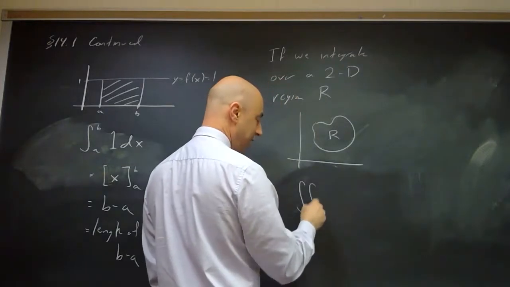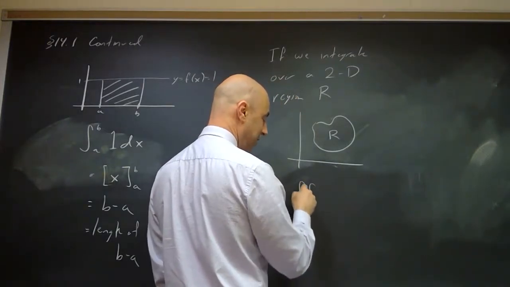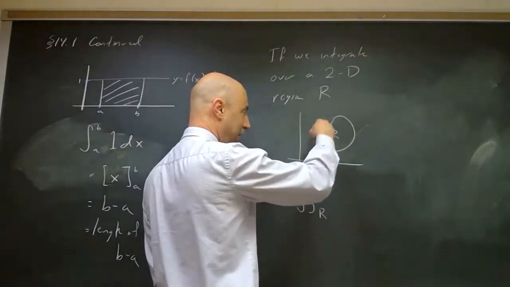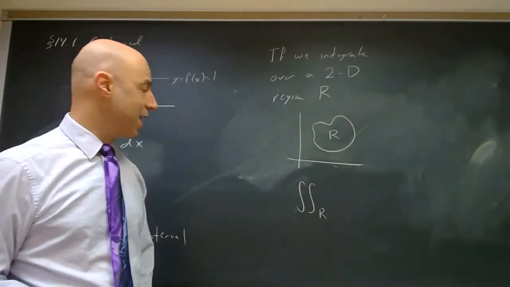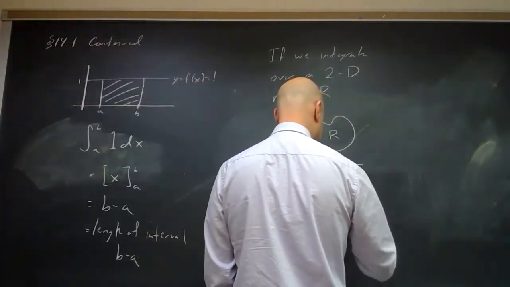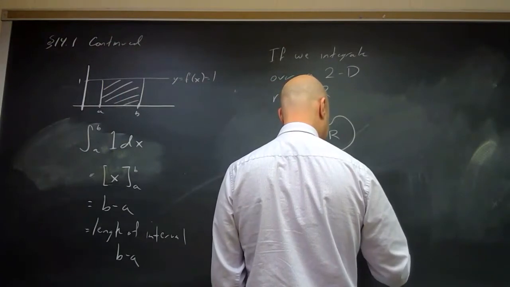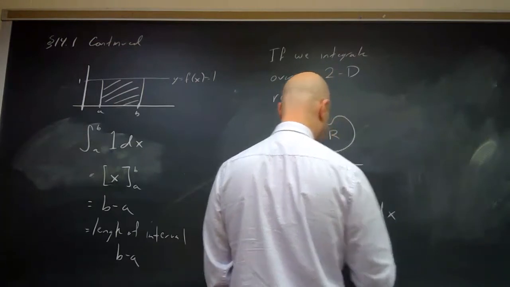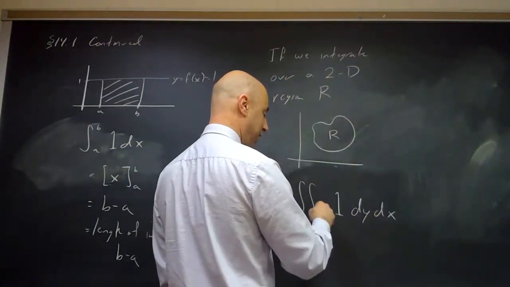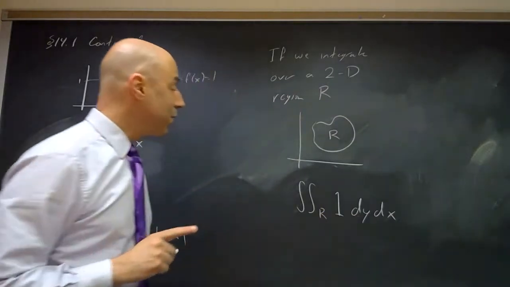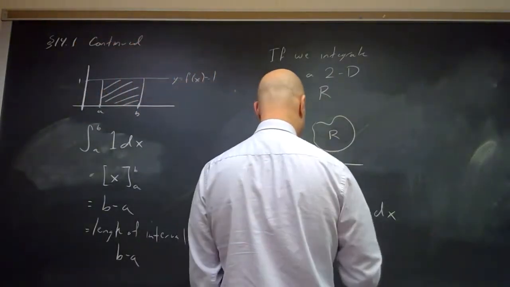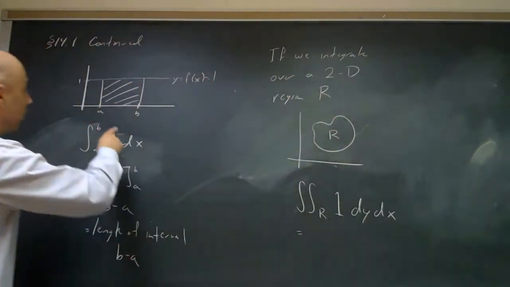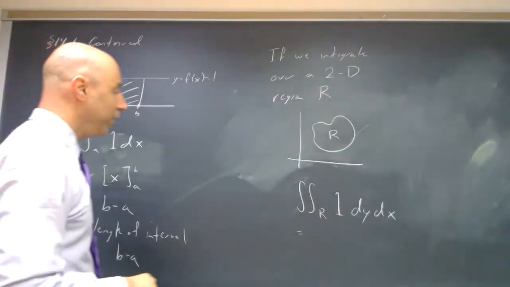Instead of putting the inside limits of integration here and the outside limits of integration here, I'm just going to put R, and that means you have to arrange it to put the inside limits of integration and the outside limits of integration. We integrate the number 1. I'll put dy dx in here, even though I'm abusing notation a little bit because I shouldn't be using dy dx when I just have this R right here. Then what we have is the area of the region R. So when you integrate 1 over a region, you get the area of the region, just like when you integrate 1 over an interval, you get the length of the interval.